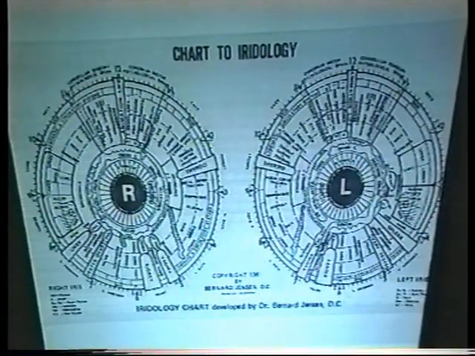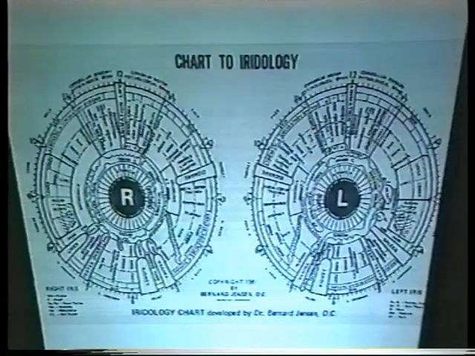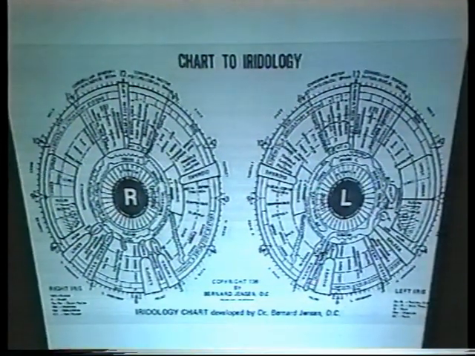It's a bit like palm reading, I suppose. Here's a chart made rather recently by Dr. Bernard Jensen showing how every one of your internal organs gets mapped into the iris, and other branches of this school of science will interpret your future and your personality as well.